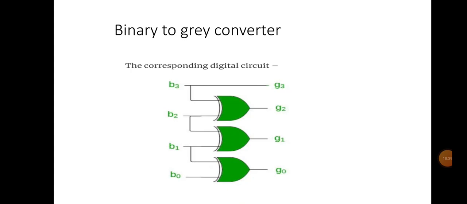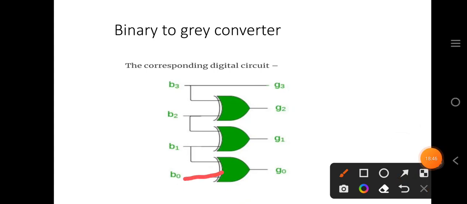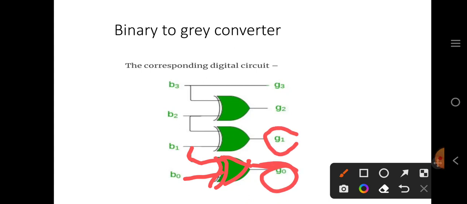So here you can see B0 and B1 both are given to the XOR gate, and the output is taken as G0. Now the G1, it was nothing but B2 XOR B1. So B2 and B1 both are given to the XOR gate and the output is taken as G1.